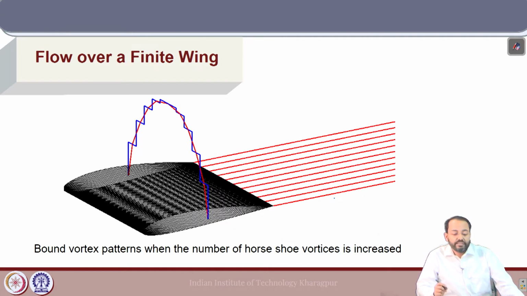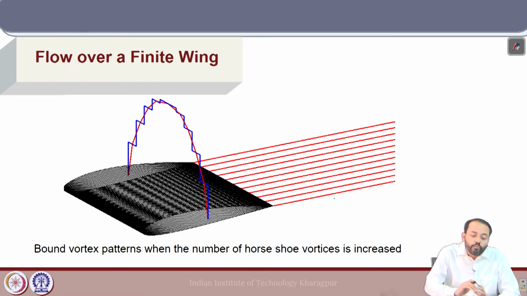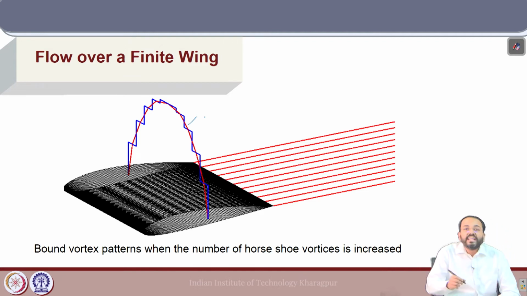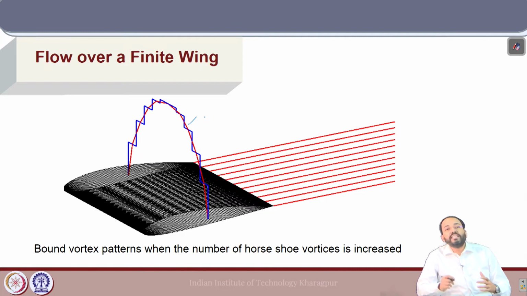So, this is the trailing vortex sheet. When we increase the number of elements, we get a better estimate of the circulation distribution along the span. Here the red line shows the circulation distribution, and the blue line is the elemental distribution depending on the resolution of the span into a number of elements.